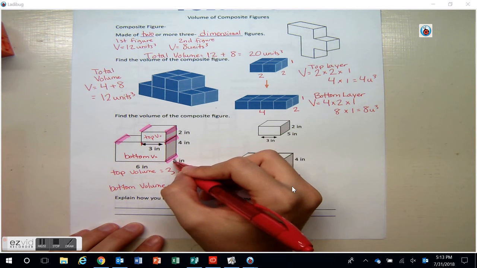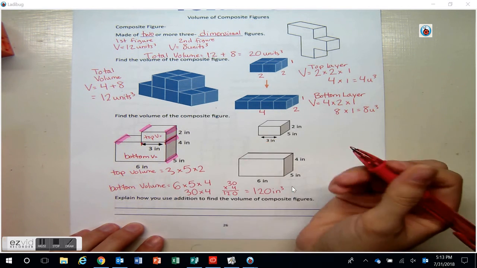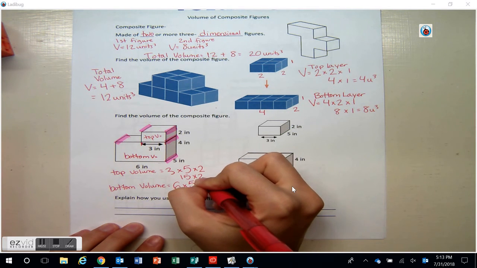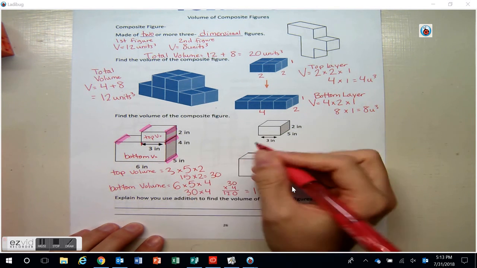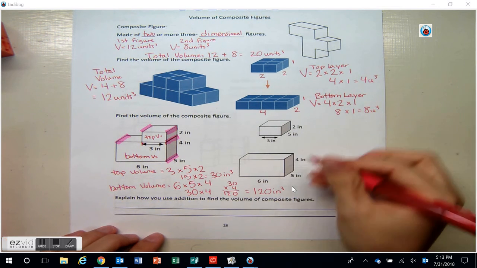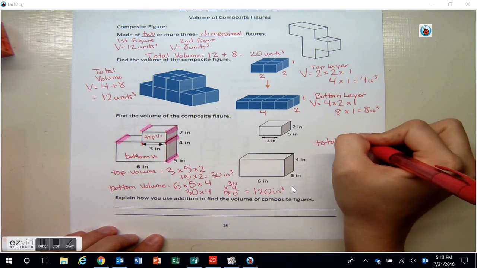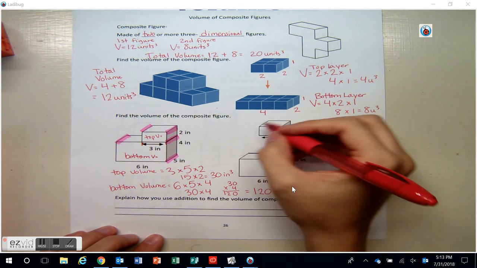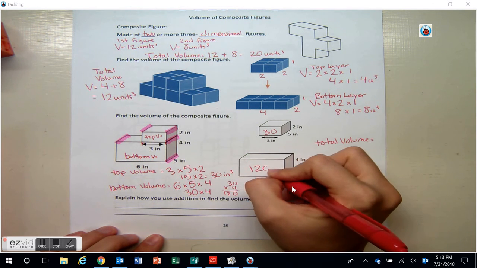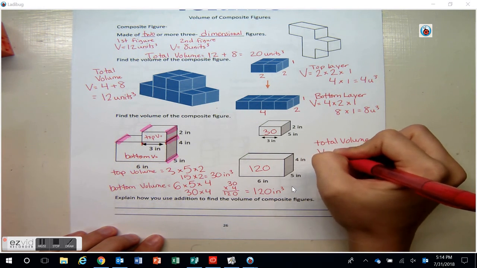Everything I've highlighted has the same width. So for my top volume, I'm going to use length, which is 3, times my width, which is the same as down here, which is 5, times my height, which is 2. 3 times 5 is 15, and 15 times 2 is 30 inches cubed.